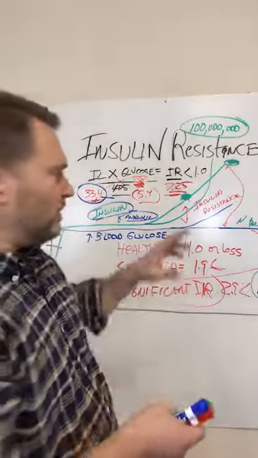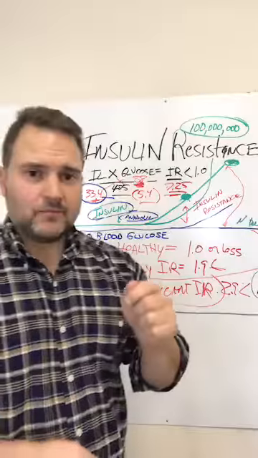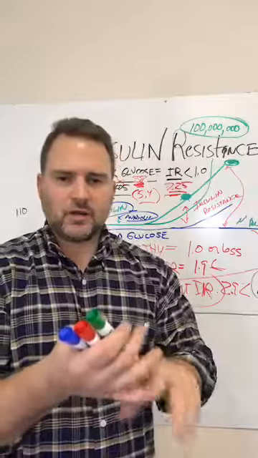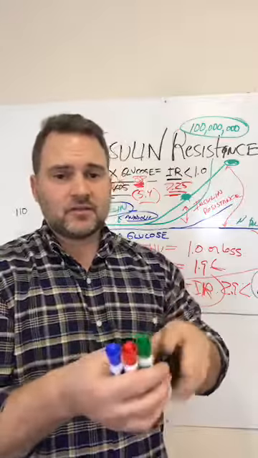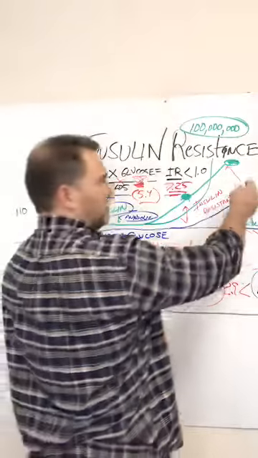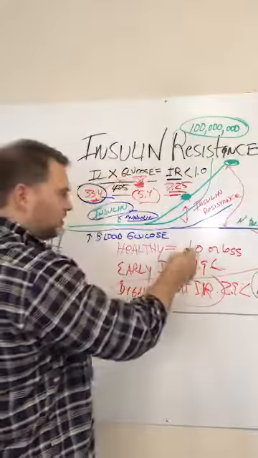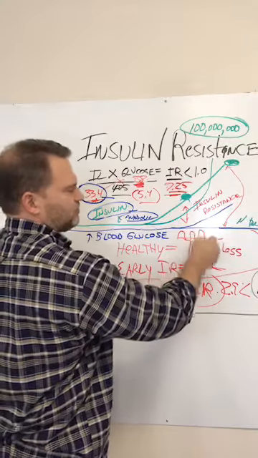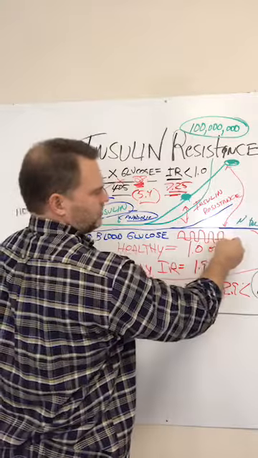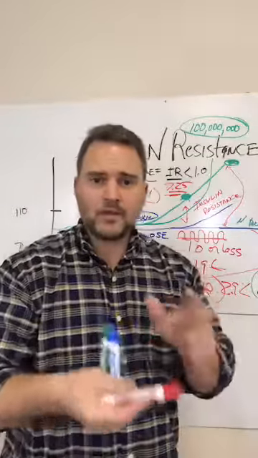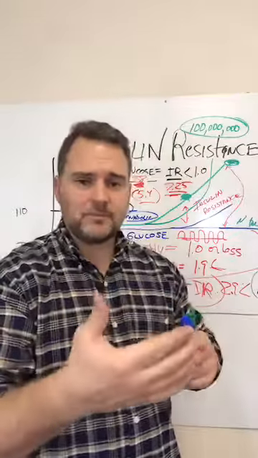But if you eat 6 times a day, if you're grazing, 3 meals like breakfast, lunch, dinner, and then 3 snacks, you're going to have all of these episodes of, let me see if I can get this on camera. I don't think I can. So you're going to have insulin, insulin, insulin, insulin, insulin. And so that's the problem, is that you're keeping on pumping out insulin every time you eat.